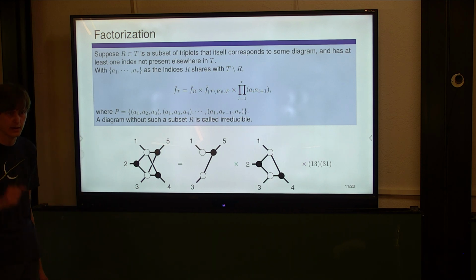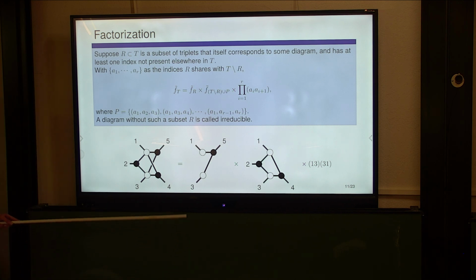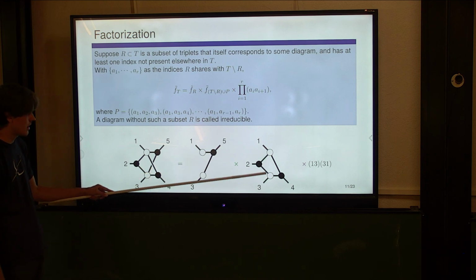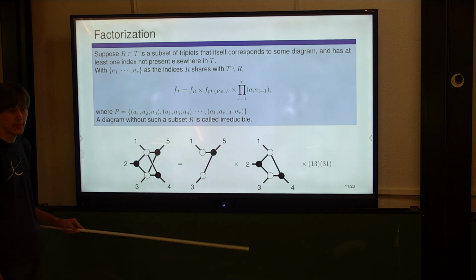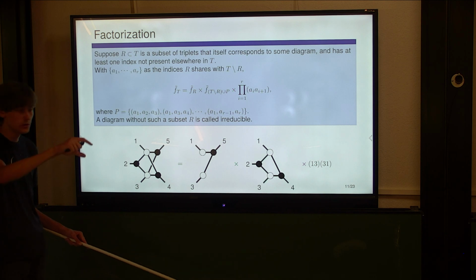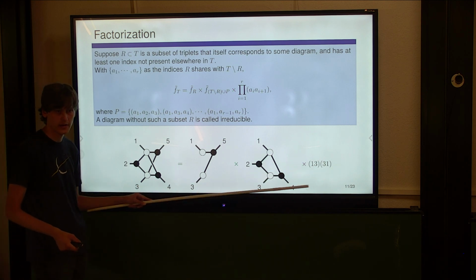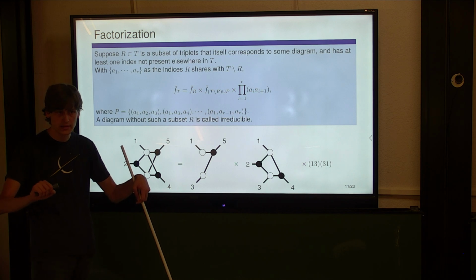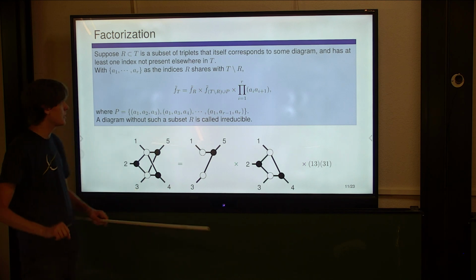I guess maybe I don't understand the question. I guess I was expecting unique factorization to be that if you've broken everything into irreducible pieces, then the pieces are the same. The thing is that part of the way that this factorization procedure works is that on the parts that are overlapping, you need to glue back in these correction factors. And I think depending on what order you factorize things, these correction factors might end up being different.